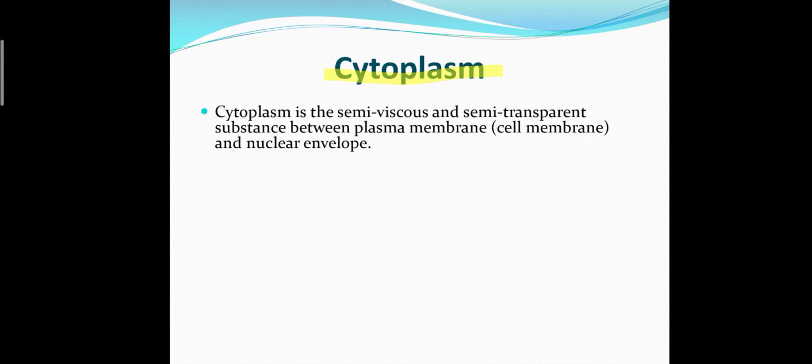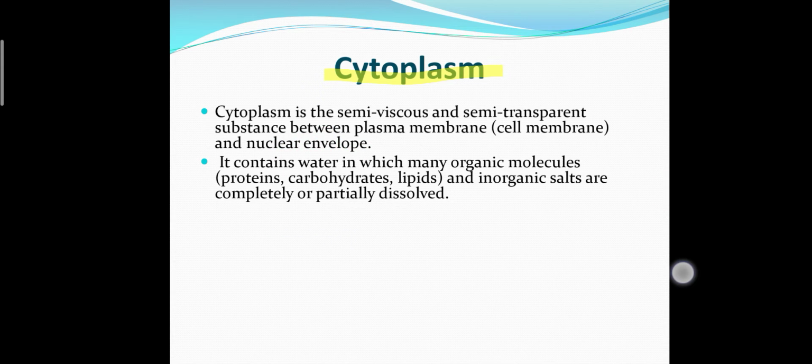What is cytoplasm? Cytoplasm is the semi-viscous and semi-transparent substance between the plasma membrane and nuclear envelope. It contains water in which many organic molecules like proteins, carbohydrates, lipids, and inorganic salts are completely or partially dissolved.